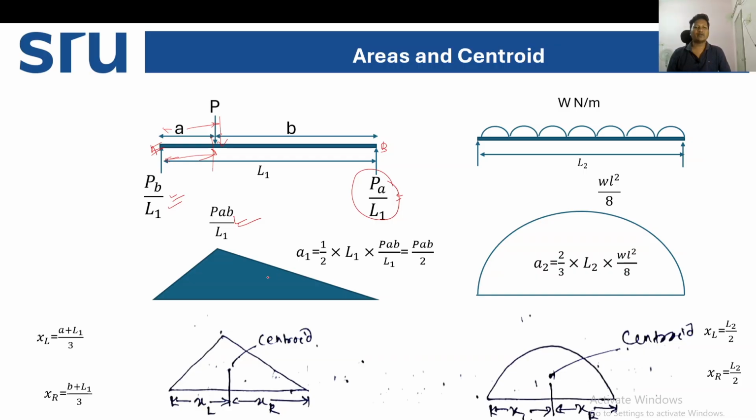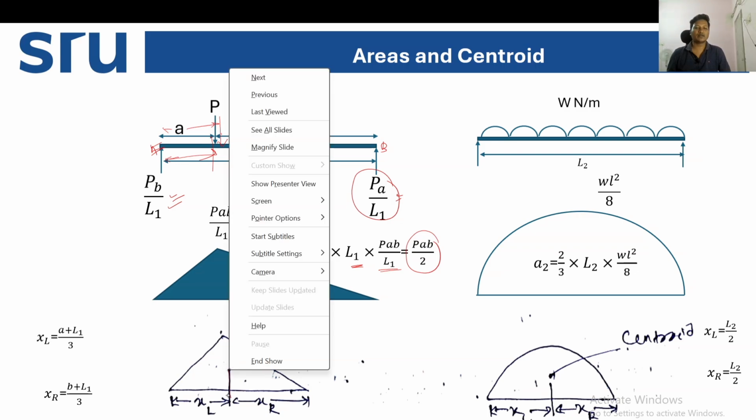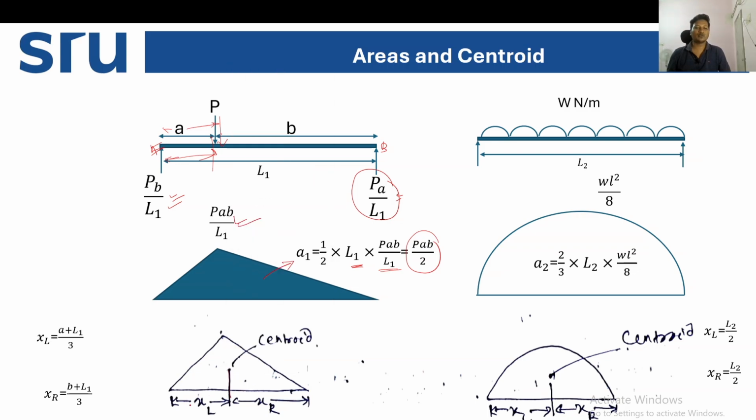So what is area one? Area one is the area of this triangle, half into base into height, so we get Pab by 2. The centroid lies at this particular point. The centroid to the left support distance is XL, which is a plus L1 by 3, and the centroid to the right support is b plus L1 by 3.